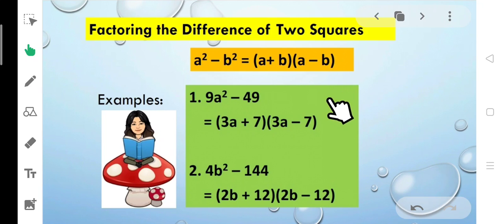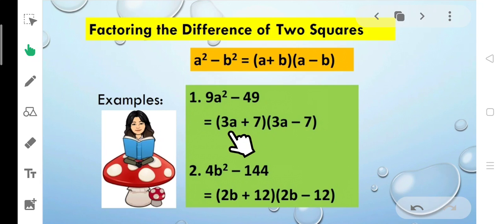Following the pattern, for example, we have 9a squared minus 49. 9a squared is a perfect square and 49 is also a perfect square. So just factor the first term. 9a squared factors are 3a and 3a. And the factors of negative 49 are 7 and negative 7.